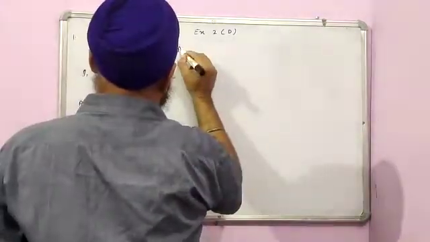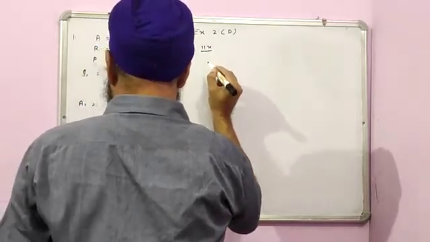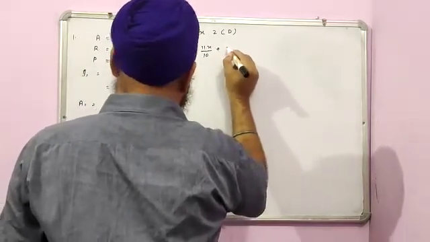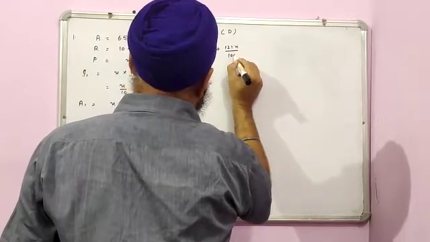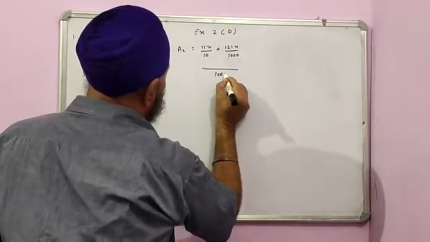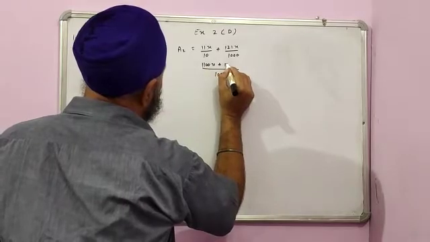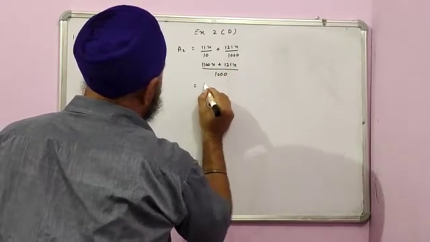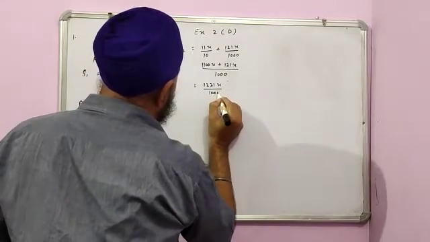So amount for second year is principal, that is 11x upon 10, plus interest for second year, that is 121x upon 1000. So I take LCM. LCM is 1000. So I add 1100x, so it is 1221x upon 1000.